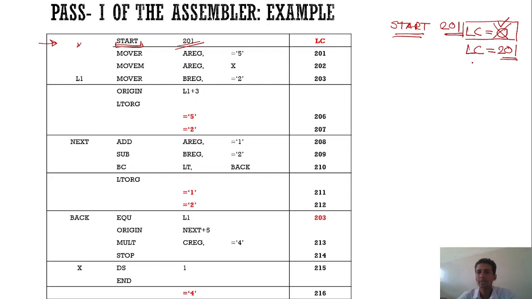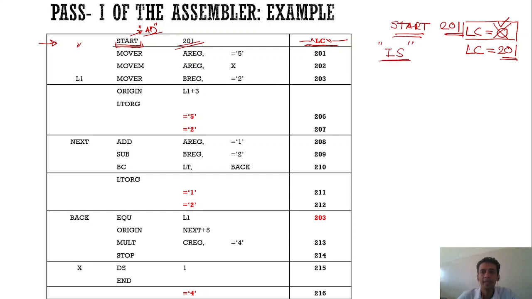So currently our location counter is pointing to the location 201, and as this is the assembler directive type of instruction, we do not perform LC processing over here. Hence we will not have the address against the LC field for this instruction start. So remember students, we will be performing the LC, that is location counter processing, against only imperative statements.